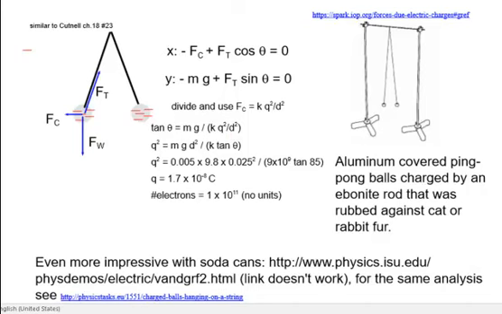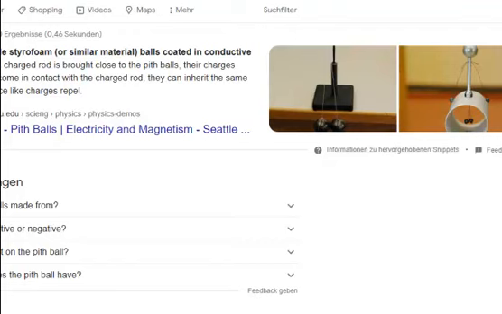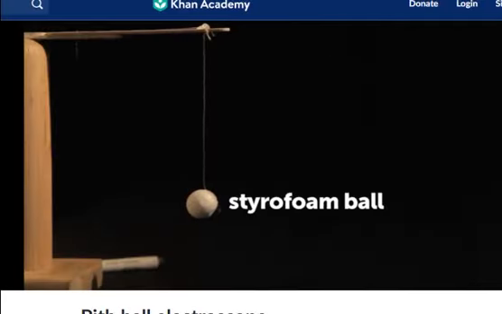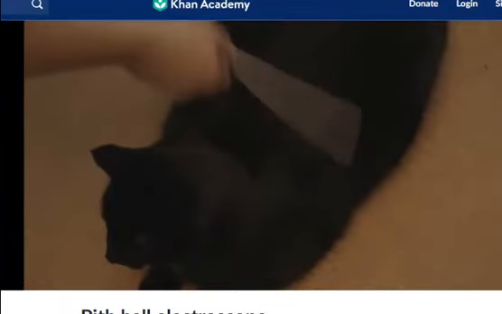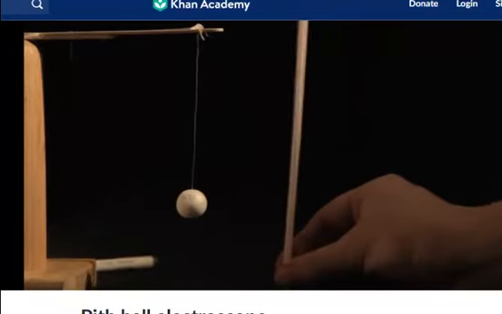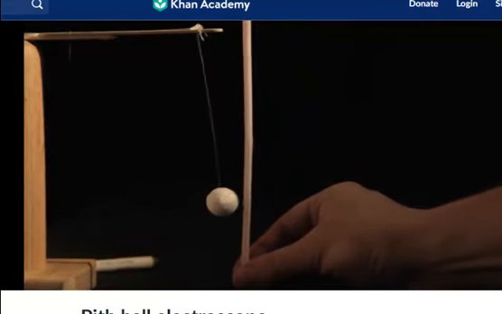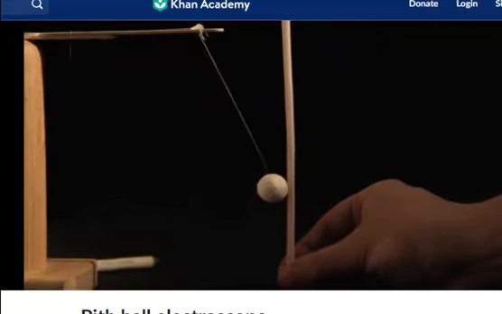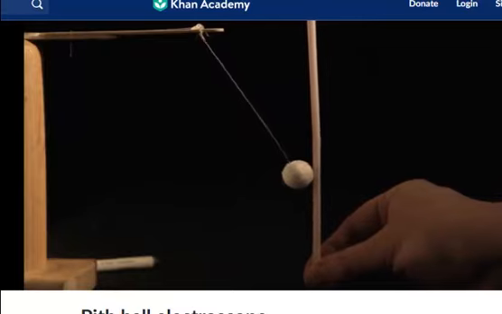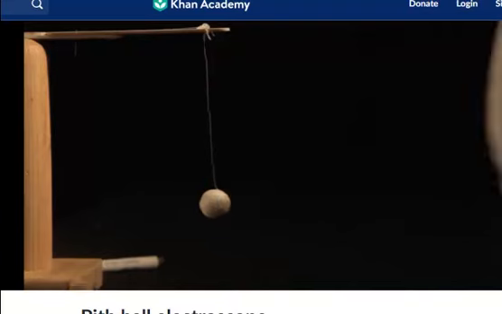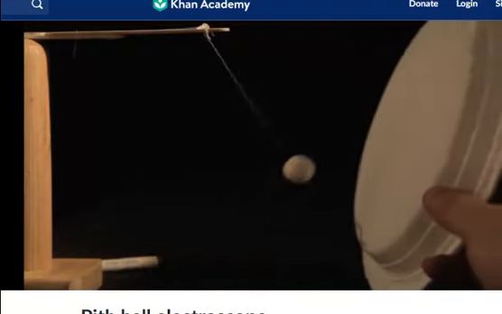Okay. Then I looked up, besides the pith ball, I did find, I'm going to turn this one off, a styrofoam ball. Don't know what that word meant. So he takes a rod and rubs it on a cat fur. And the reason I'm laughing at this is because when you go to a physics lab, you will find a bunch of electrostatic stuff like these rods or styrofoam plates or what have you, and these pith balls.